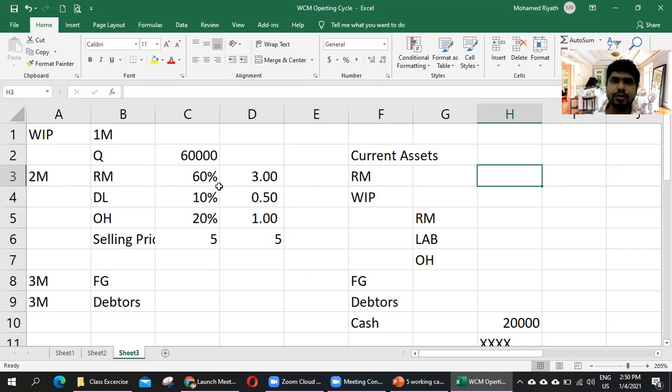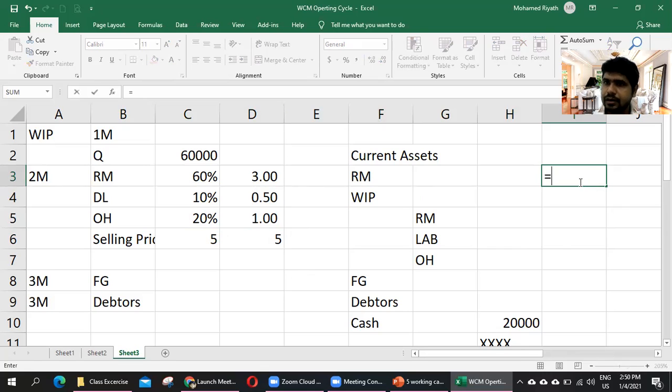Now we are going to calculate the annual raw material cost. We know the per unit cost of raw material is 3 rupees. How many units in a year's production? 60,000.